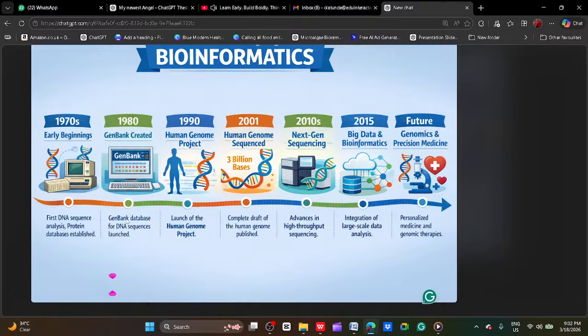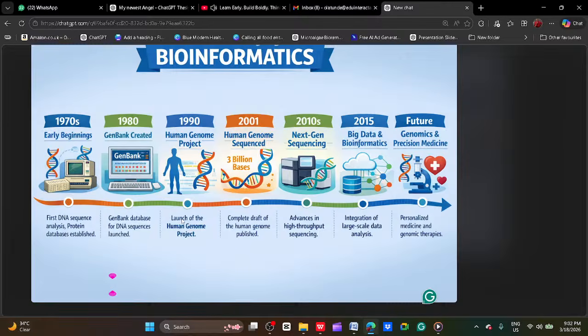GenBank is a database for DNA sequences, that is, any sequence from anywhere. If you are looking for any information about DNA, just go to GenBank. After that, the 1990s started with the Human Genome Project.